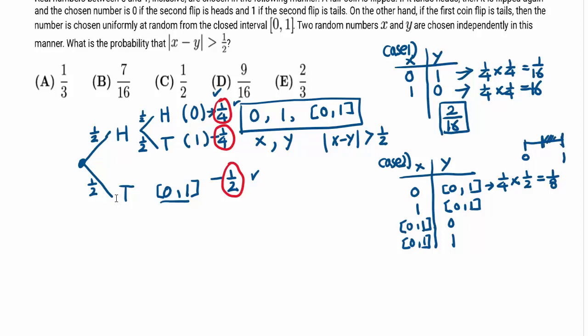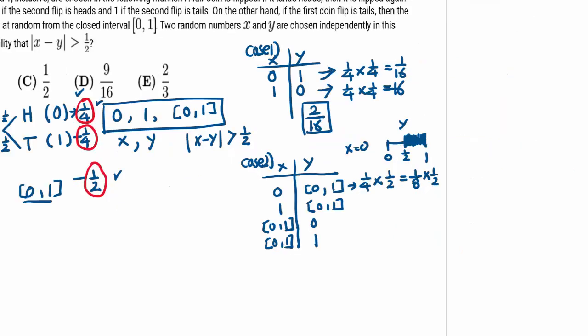Because when x equals 0, y should be in this half of the interval. So we multiply 1/2 again, and it's going to be 1/16. This is also 1/16, same thing.